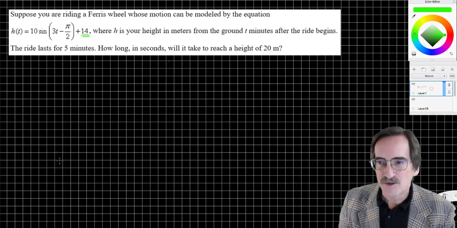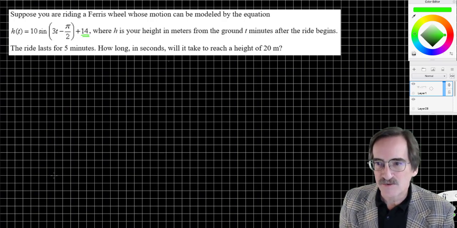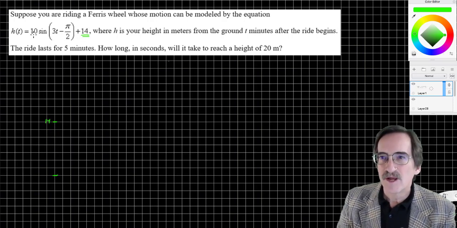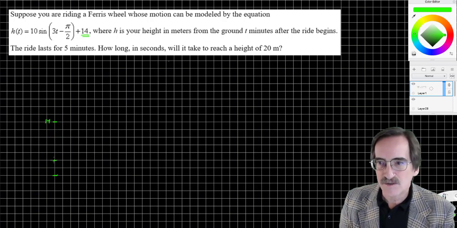Okay? So let me see if I can do a scale drawing. If this is the ground, 2, 4, 6, 8, 10, 12, 14, just counting by twos here, right? And the amplitude is 10, so 2, 4, 6, 8, 10. So it looks like the height never gets down to 0, right?